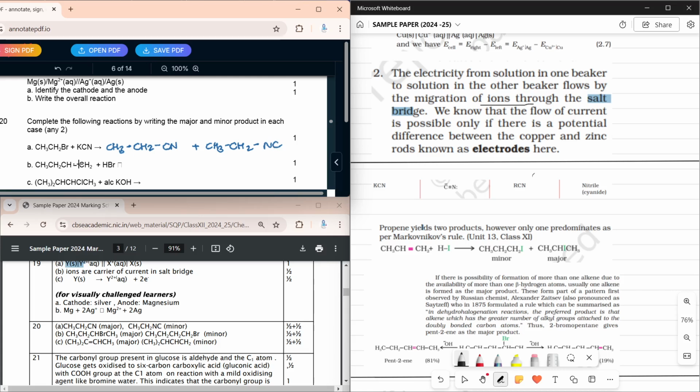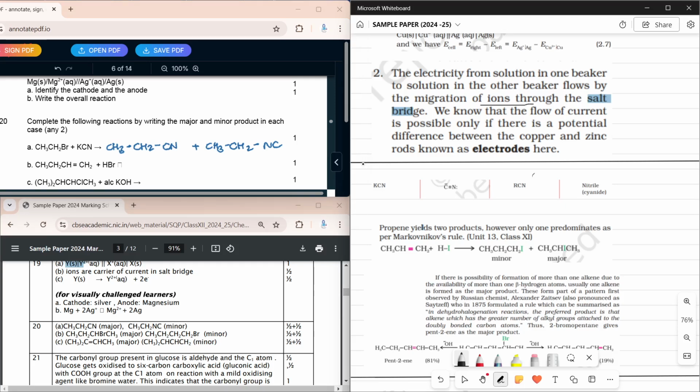The next question is an alkene reacting with HBr. So this is related to the concept of Markovnikov's rule. According to Markovnikov's rule, the halide component bonds preferentially with the more substituted carbon, whereas the hydrogen prefers the carbon which contains more hydrogens. So I'm going to just write the answer here.